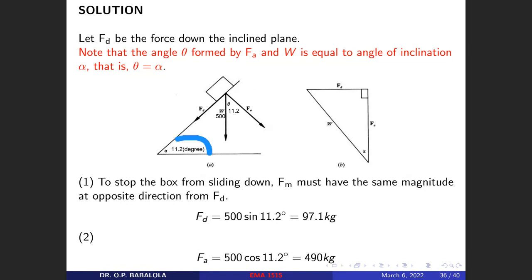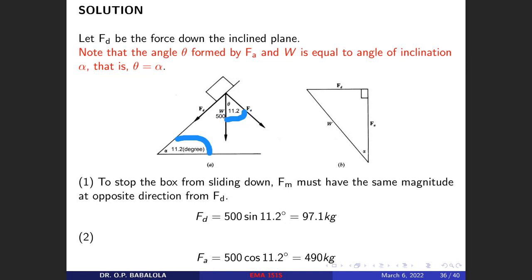When you look at it, this angle is the same as this angle. And that's what I've said: note that the angle theta formed by the force exerted by the box on the plane.